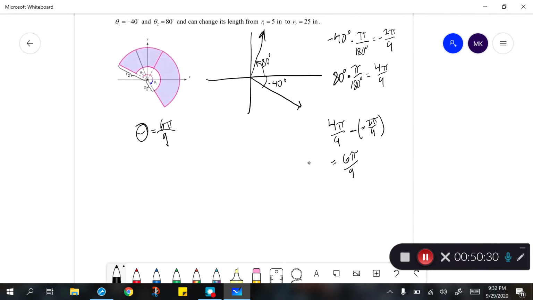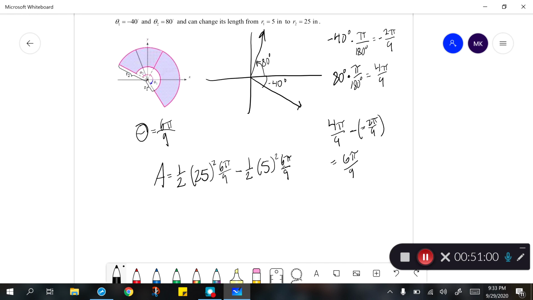Our theta is the same for both of these. The difference is r. The larger sector is going to be our 25-inch sector. So the total area of this working sector is going to be 1/2 times 25 squared times 6 pi over 9 minus 1/2 times 5 squared times 6 pi over 9.